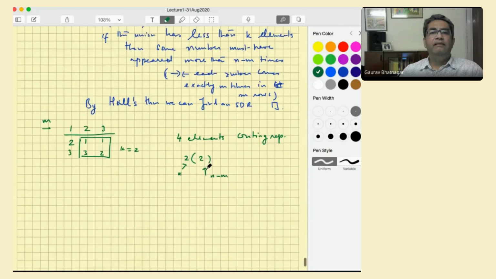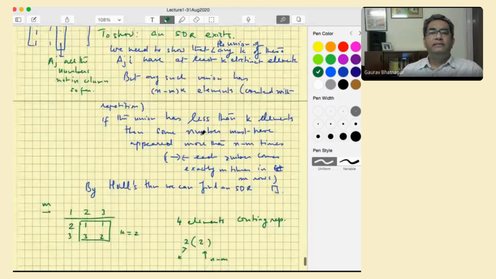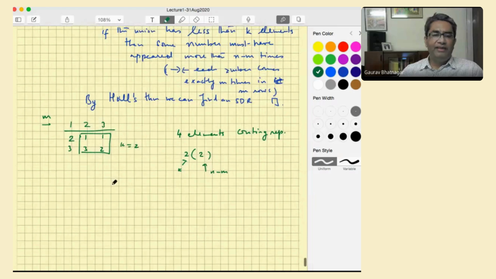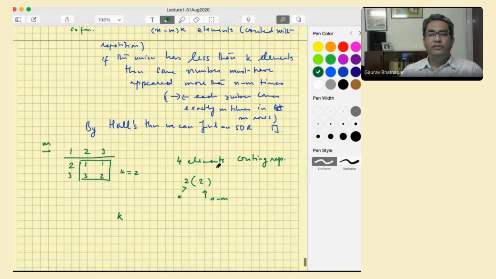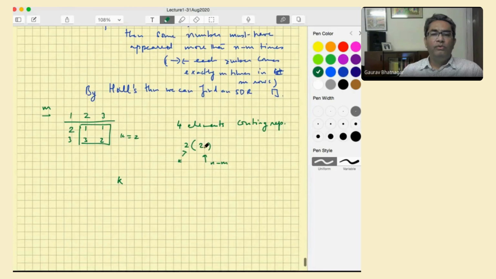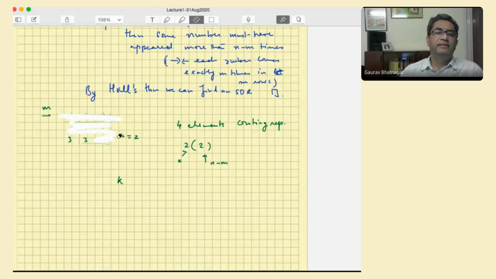And he's saying if the union has less than k elements, so if all of these have less than k elements... Well, this is a bad example because there's just 2, both are the same. Let's do a bigger example.